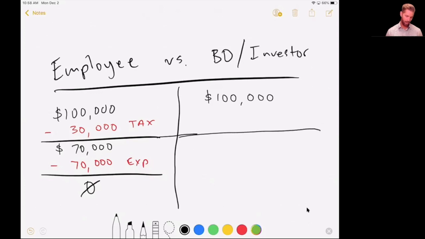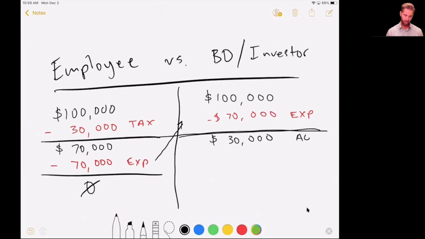We'll call this our line, and maybe you've heard this, something above the line or below the line. Well, what happens as a business owner and an investor, you get to bring your expenses above the line. So you're going to write off as many of these expenses as possible before you pay tax. So that would leave us a leftover of $30,000.